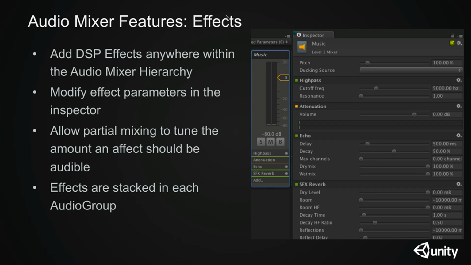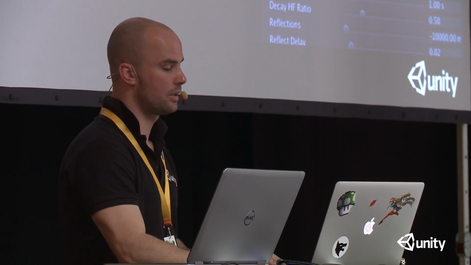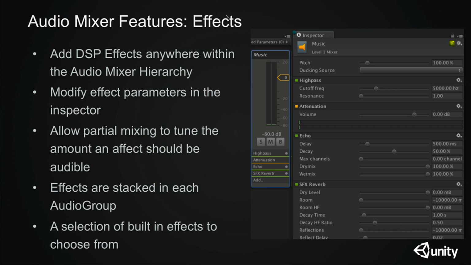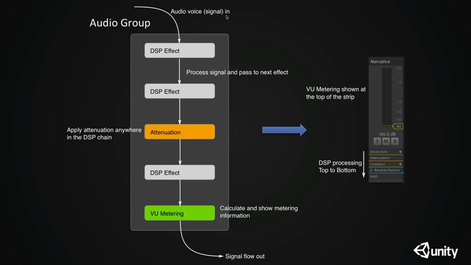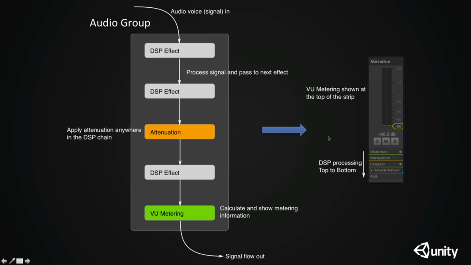Effects are stacked and applied sequentially in an audio group. And in Unity, we're going to give you a selection of effects that you can start off with as soon as you install it. I have this diagram here showing how the group is shown in the editor. Actually, we've improved the look a little bit, but basically it shows the editor and a diagram of what's actually happening.